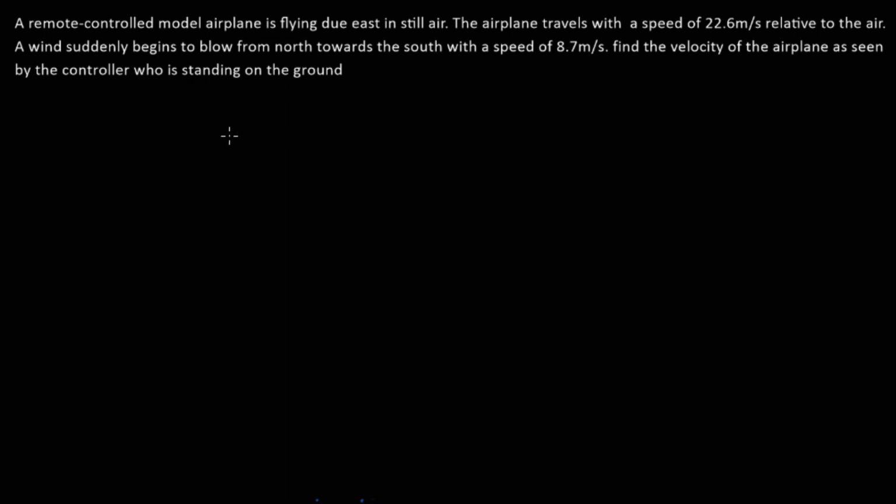Let's say this is the airplane moving due east. So that is the velocity of the plane relative to the air moving due east. The airplane travels with a speed of this relative to the air, so VPA has already been given as 22.6.